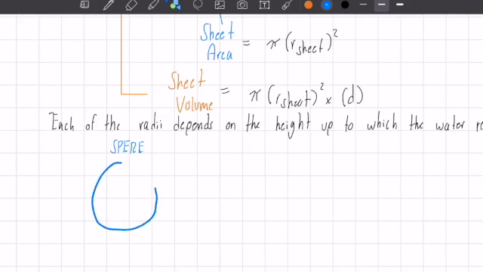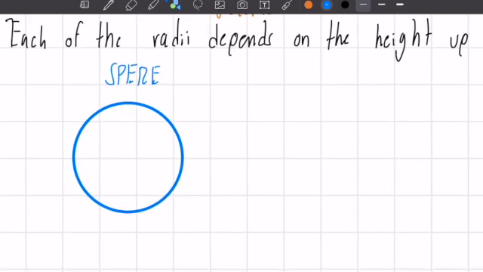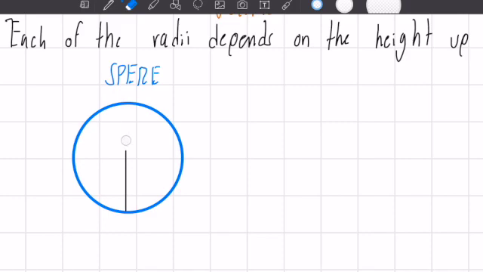First, let's talk about the sphere. To get the radius of the sheet, we have to imagine an axis based on the diameter of the sphere. Then, at the height h from the ground, a perpendicular line establishes the radius of the sheet. Then, from the center of the sphere, a radius r is traced to the point where the radius of the sheet touches the circumference, as shown in the drawing.